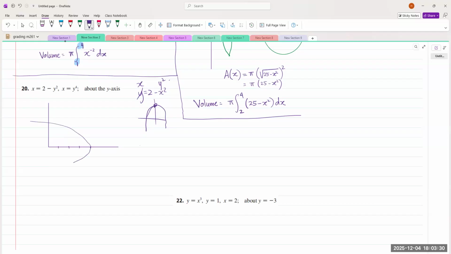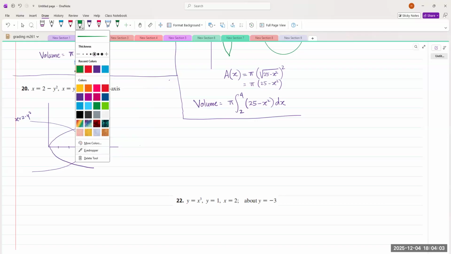This is the graph of x equals 2 minus y squared, and then x equals y to the fourth. X equals y to the fourth will be like this. Then I'm guessing, a very big guess, but then I will revolve this with respect to the y-axis. Let me say this again.